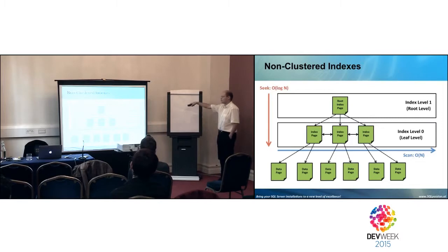In that case, I have just one additional level, the root level, with our one and only index root page. When you access that non-clustered index, you can again scan the complete leaf level, and you can also make seek operations.